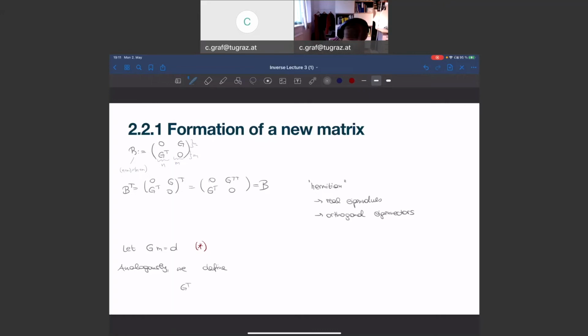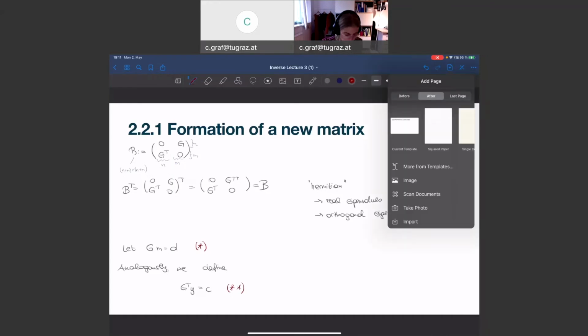So we say T transposed times Y should be equal to C. And we call this problem here star star. So we now combine those two.